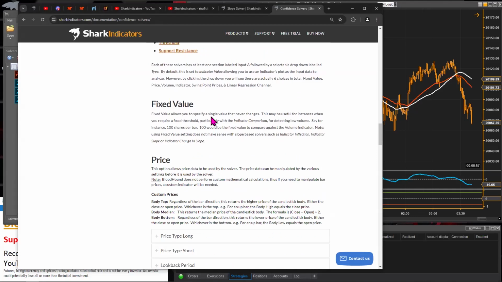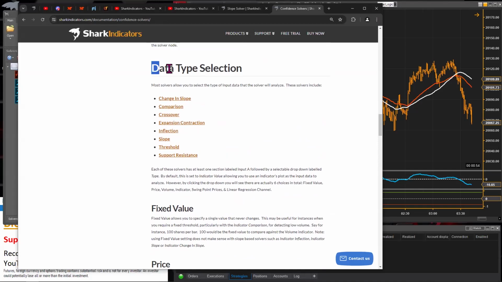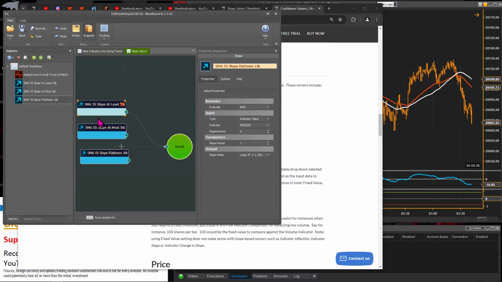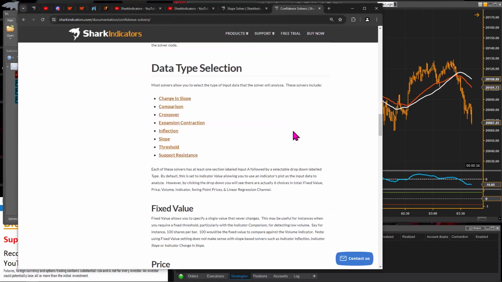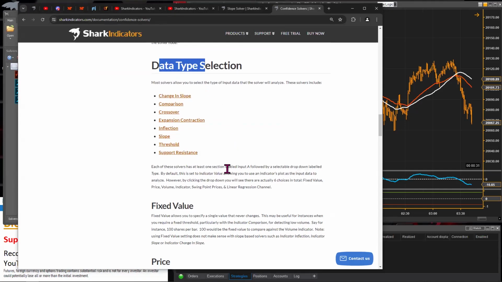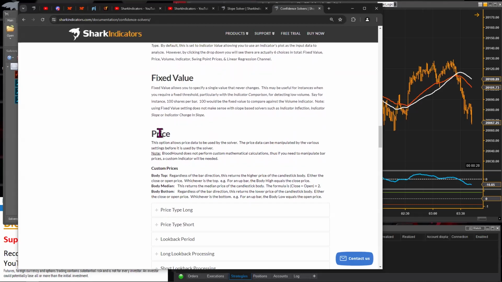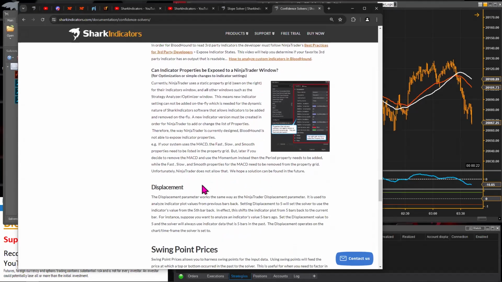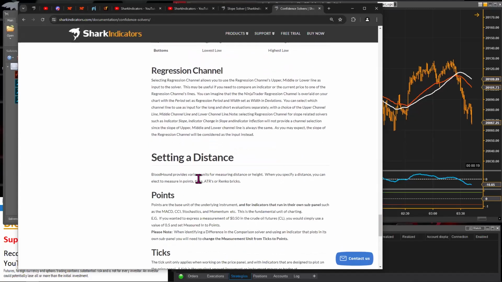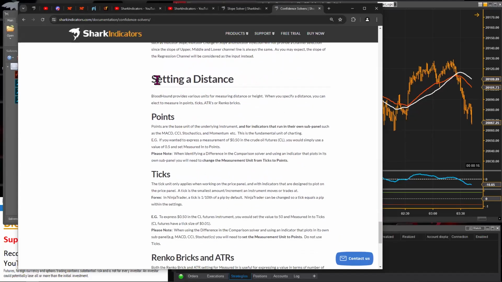And then we have the different data input types, right? The data type, which, right, the input type there. So that's this, right? Are you using price, volume, and indicator value, swing point, linear regression, right? So that's the data type there. Right, so there it is, the fixed value, price, indicator value. Anyways, if we keep going down there, keep going down, and there we go.